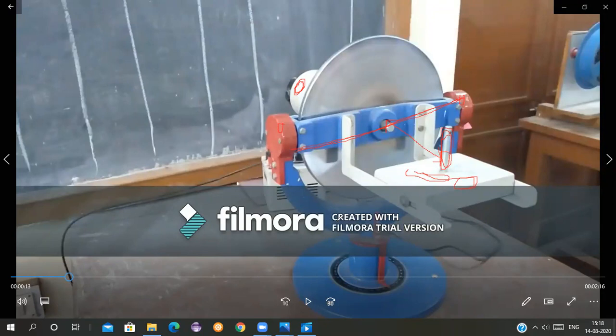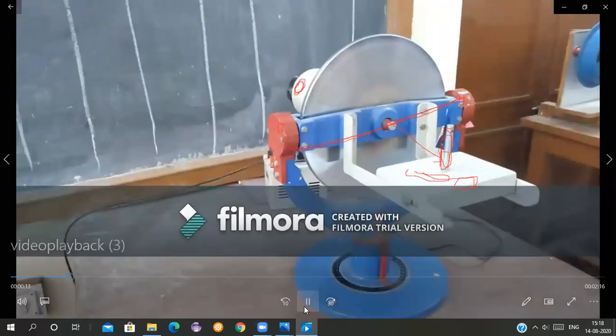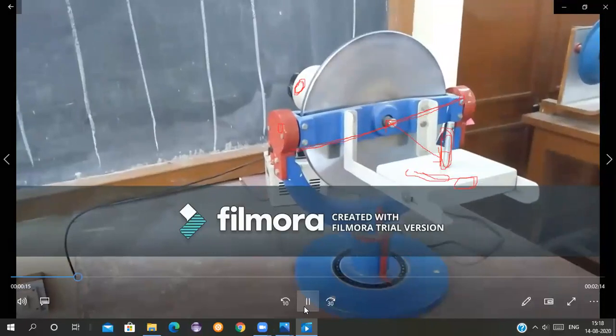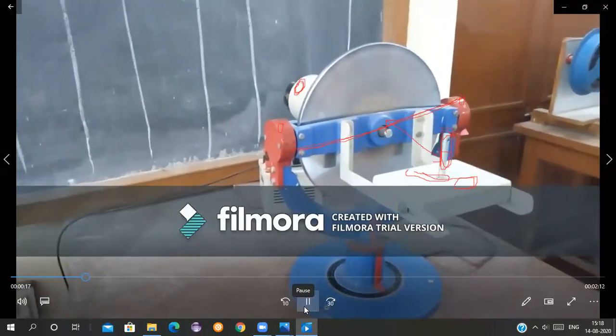Here we are studying that this couple which is due to this mass should be equal to the reactive gyroscopic couple which is created by this rotor which is changing its axis. Now we are measuring the RPM.